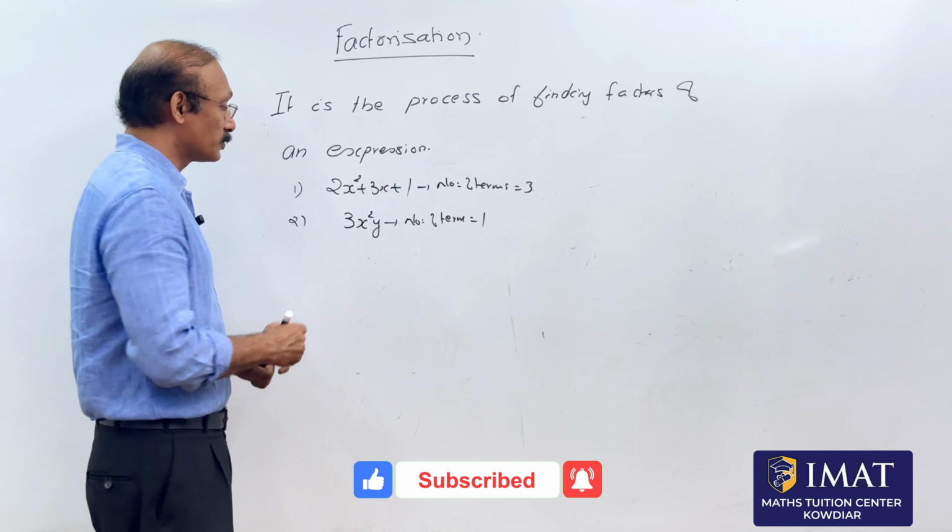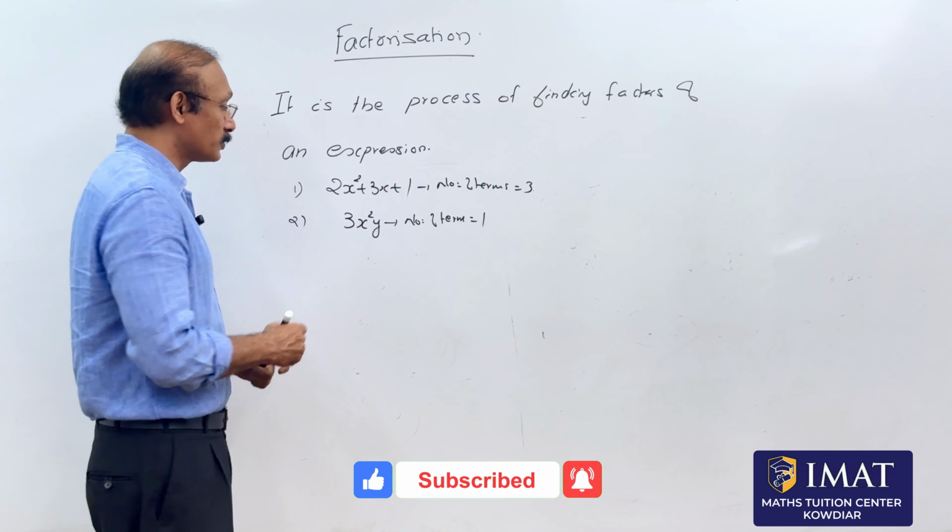In the first, xy goes out, so x inside. From the next term, xy goes outside, so y inside. It is x into y into x plus y. Product means this expression is only one term. Once this is reduced to one term, we say that this algebraic expression is factorized. So this is our final answer.